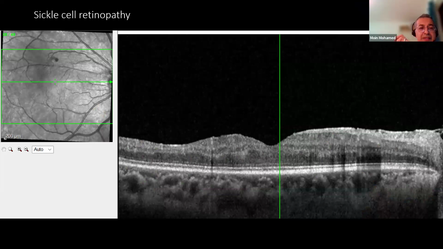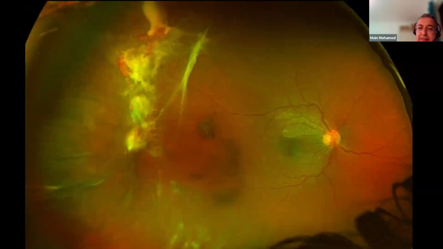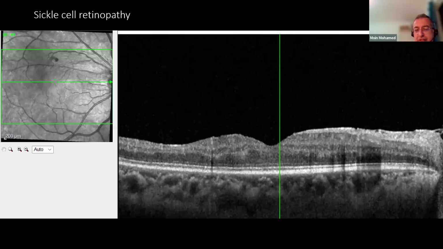But the key thing in sickle is a reasonable proportion of them, so it's SC patients, who are systemically generally quite well, have peripheral change. The macular change is seen more in SS patients who have proper sickle cell disease and crises and more life-threatening problems.